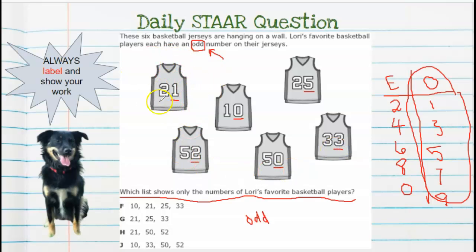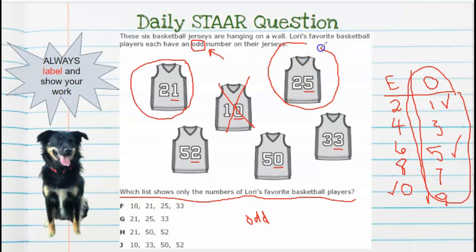Okay, so let's look at 21 first. The number 1 is in the odd section, so I know 21 is going to be in my answer. 0 is in the even section, so I know that's not going to be part of my answer. I don't want even. I want all of the odd numbers. 5 is in the odd section, so I know 25 is odd. 52, 2 is in the even section. 52 is even.